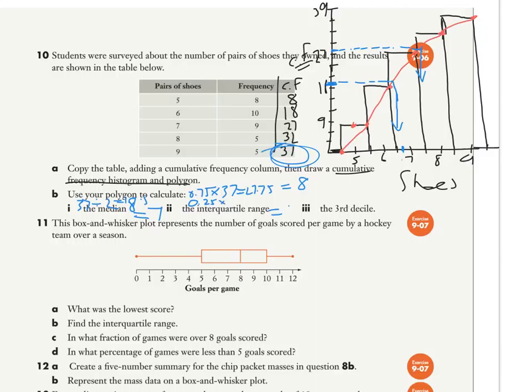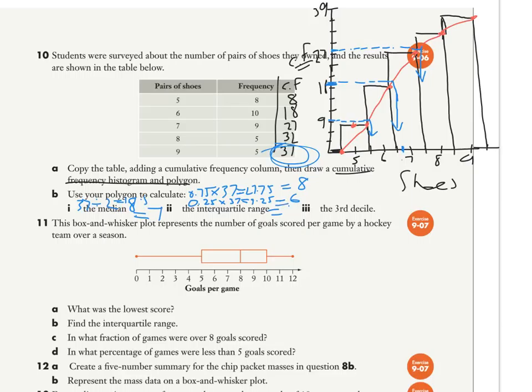Now our lower quarter is 1/4 of the 37, which is 9.25. Which is about there, which is equal to 6.